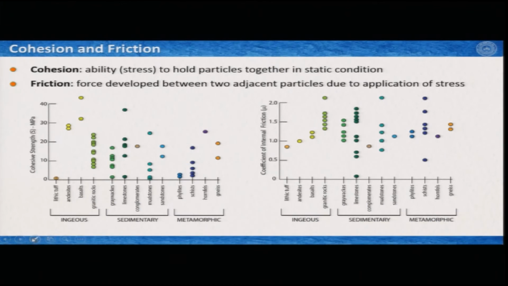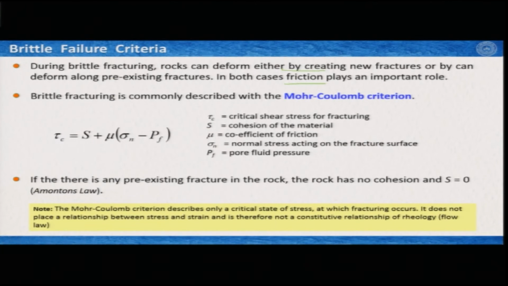very important role. So, the fracturing processes that involve friction, one can theorize by the Mohr-Coulomb failure criteria. The Mohr-Coulomb failure criteria is expressed by a very simple equation, where the critical shear stress for fracturing is equated to S, which is the cohesion of the rock you are talking about.